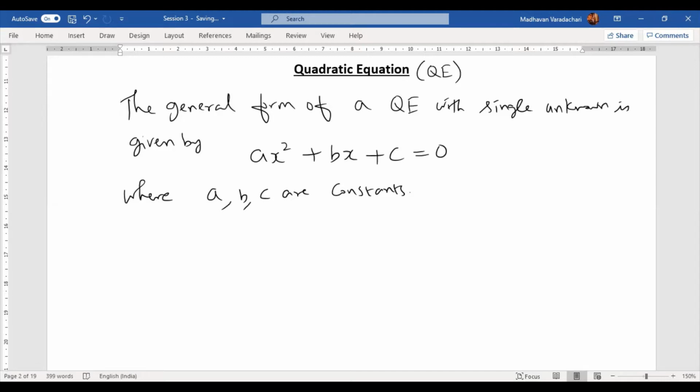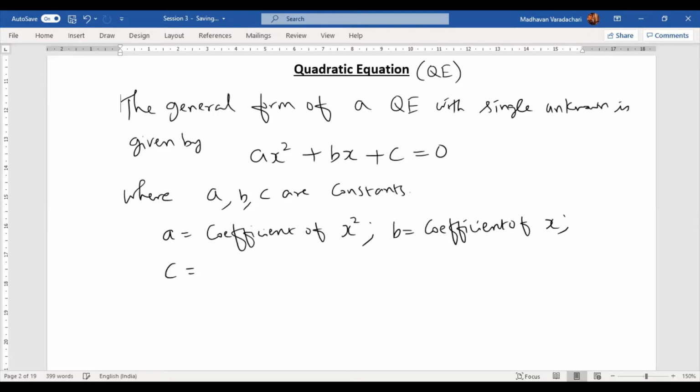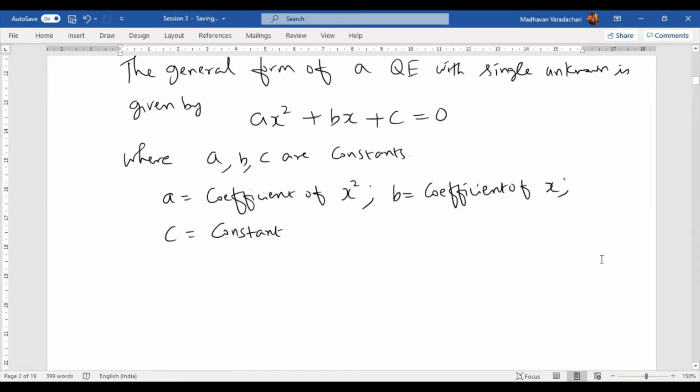To be very specific, I can say a is coefficient of x square, b is coefficient of x, and then c is a constant. So a quadratic equation can be solved using two methods.